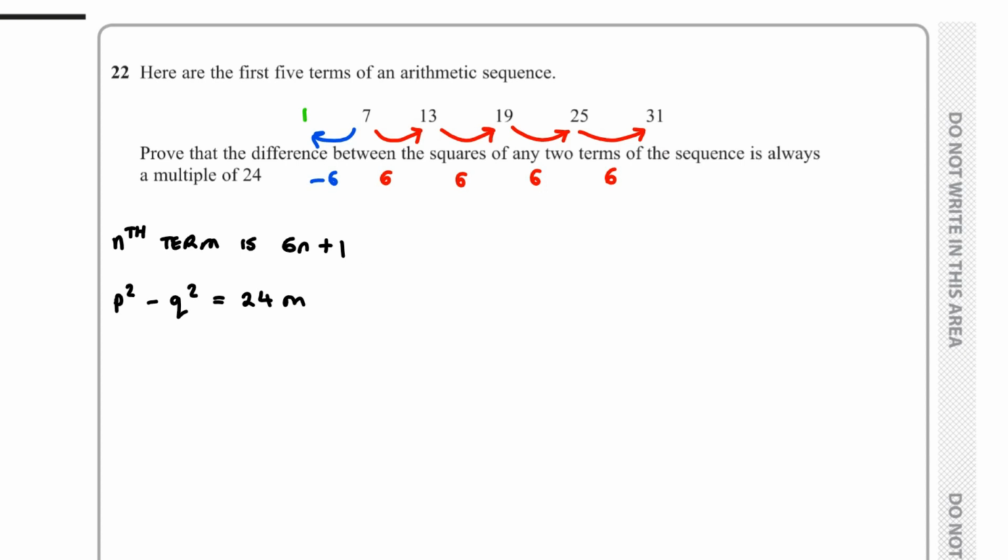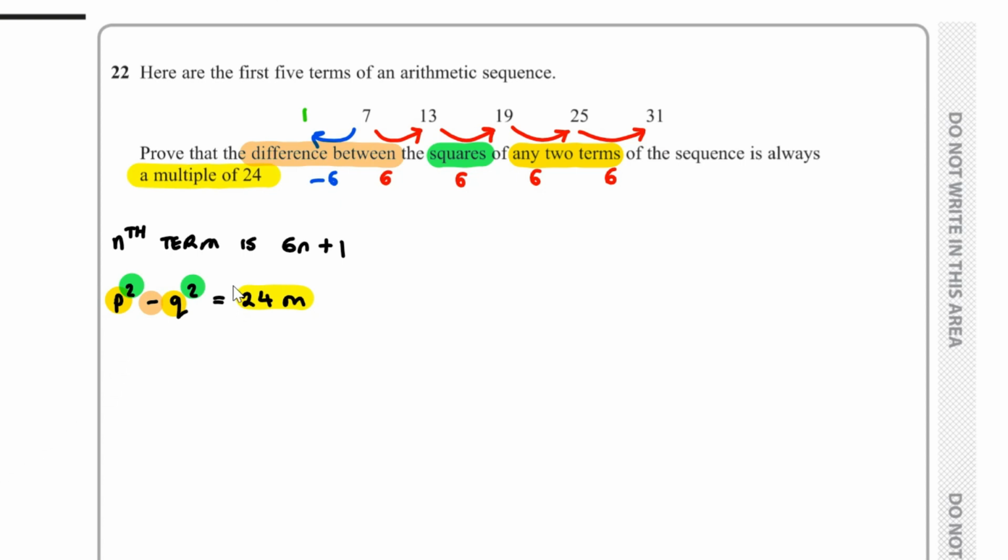What does this mean? Well, here we've got the difference of any two terms. Any two terms refers to p and q. We've got the square of these, and we want to show that the difference between them is a multiple of 24. This is what we want to show.